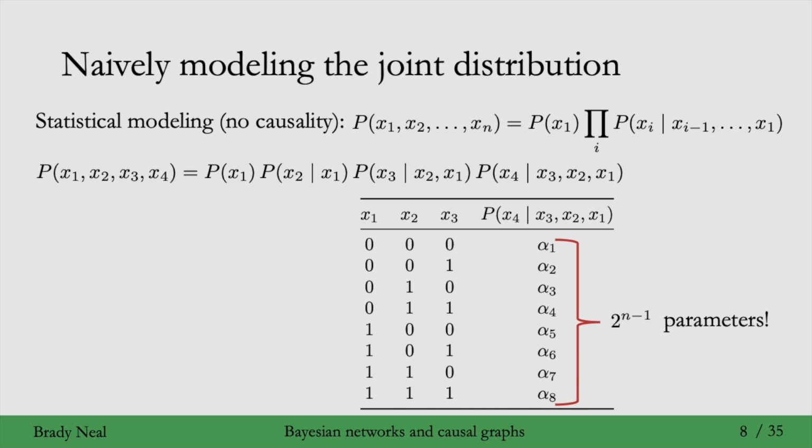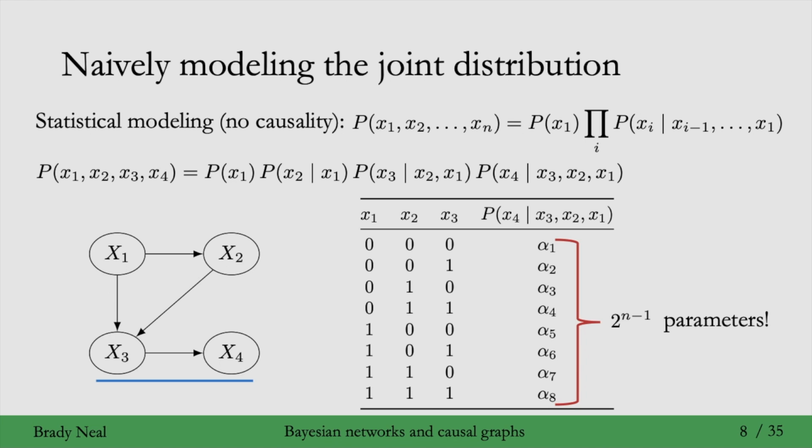Okay, so just in statistical modeling, we already have a problem, and that's that we have an exponential number of parameters if we want to model these distributions with these tables right here. And this is because we're modeling the dependence of x4 on every other variable in the distribution.